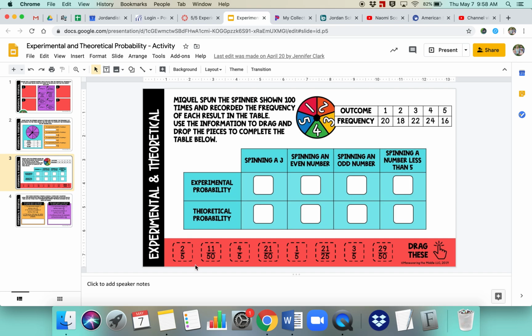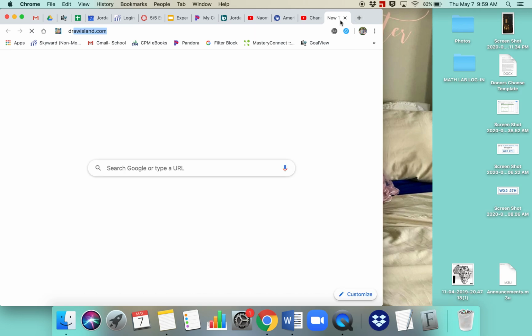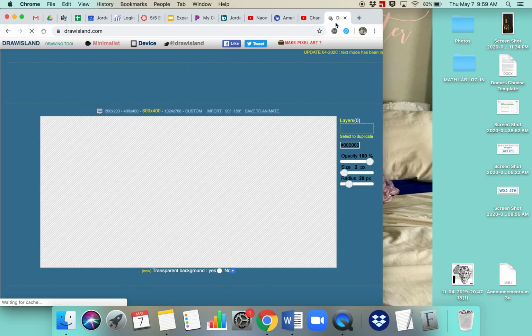Now these 50s and 20s and 25s are going to be our experimental probability. So spinning a 3, how many times did they spin a 3? 22. Now there are no 22s up here, but we know that he spun it 100 times. So we would make a fraction. I would put a fraction of 22 over 100.